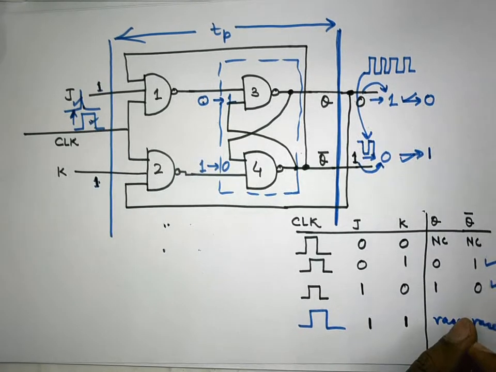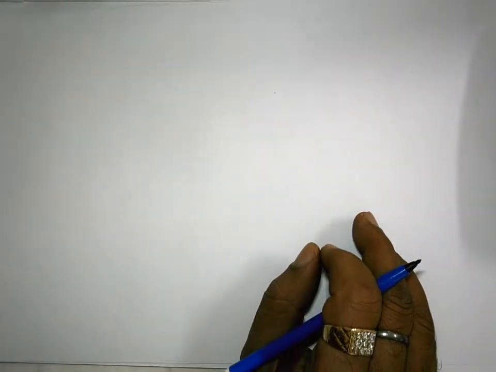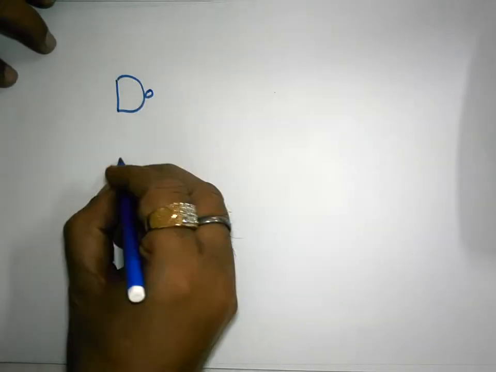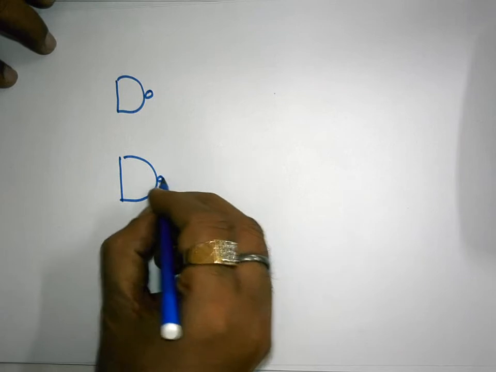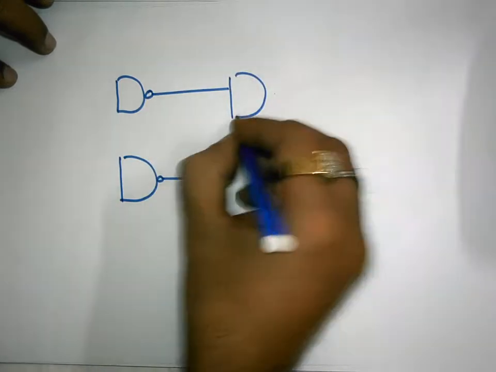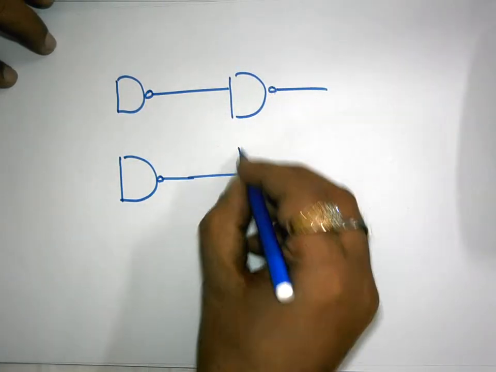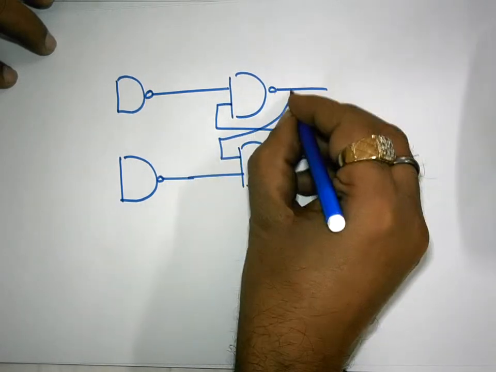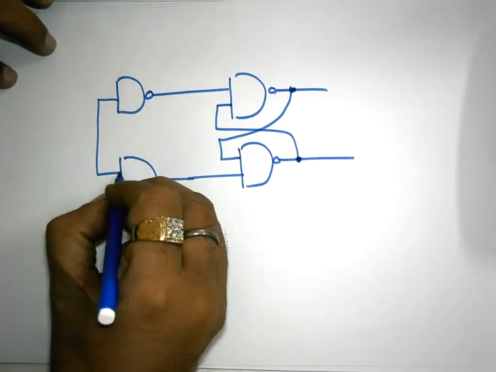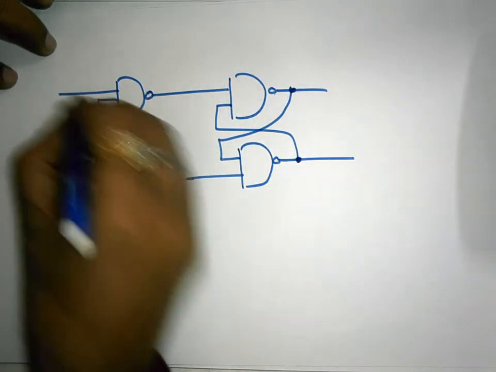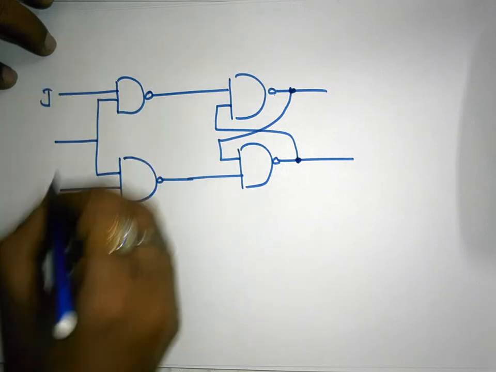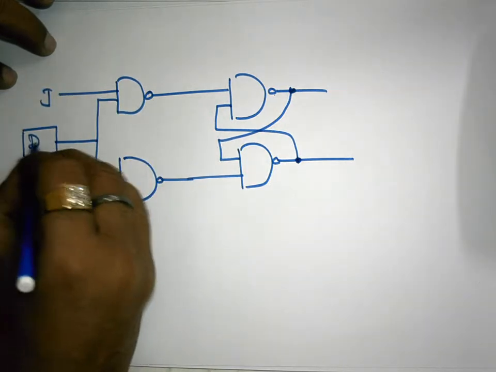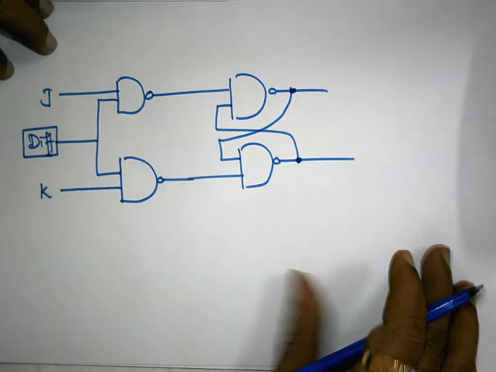Now if we design the same JK flip flop, we will apply a differentiator circuit.